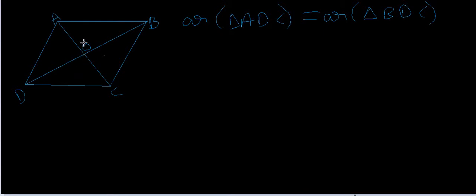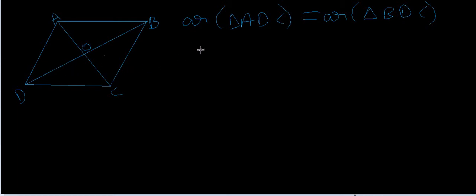Now, if from both these triangles ADC and BCD, I remove the common portion, then the leftover portions should also have equal areas.